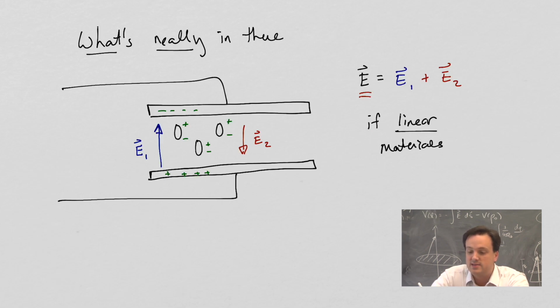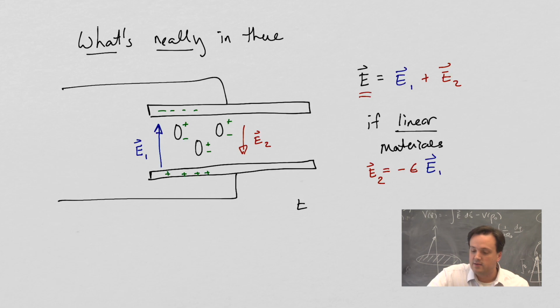where I'm going to say that the secondary electric field is equal to minus some small constant, which we call epsilon, times the primary electric field. So the minus sign tells me that it's pointed in the opposite direction. The small constant epsilon tells me that it's not as big as the original electric field, but it's proportional to that original electric field.